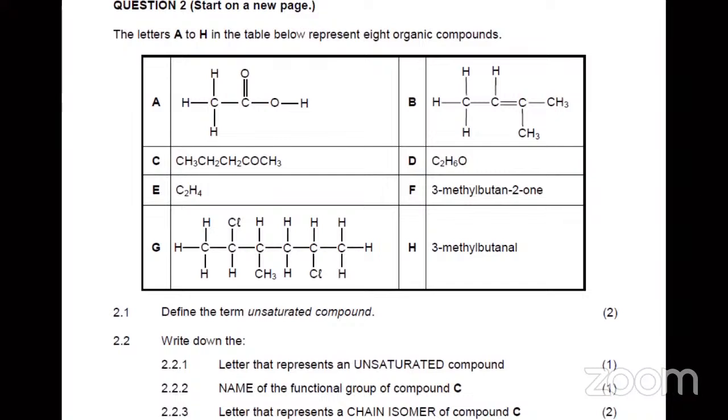Write down the letter that represents an unsaturated compound. Basically, we're looking for a double or a triple bond. Someone says B, and indeed B would be correct. Well done. B would be correct because we can clearly see the double bond.